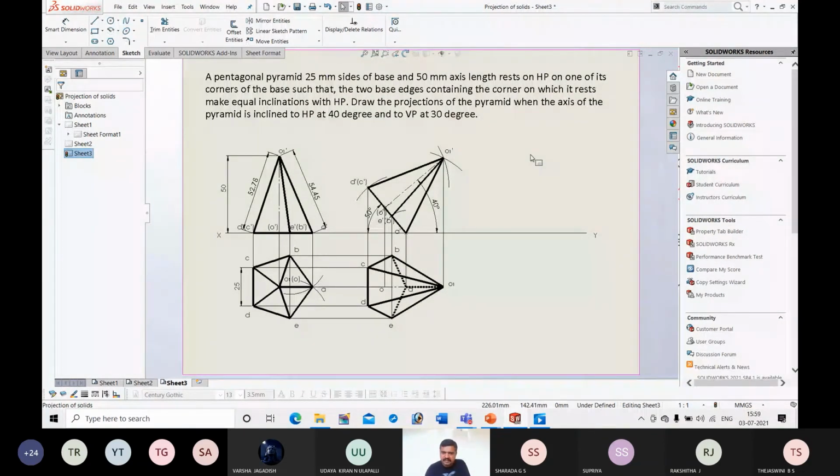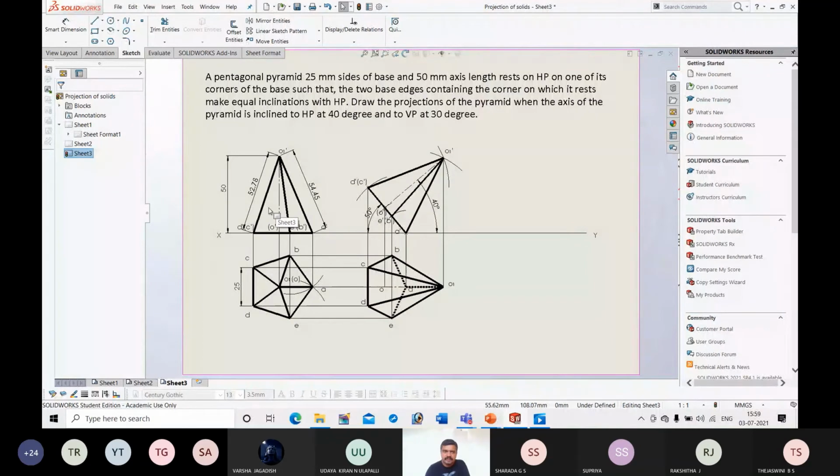Okay, next we should make this axis inclined at 30 degree. Next we should check whether we have true length of the axis in second top view. Do we have true length of the axis in second top view? The actual length of the axis is 50 mm here.